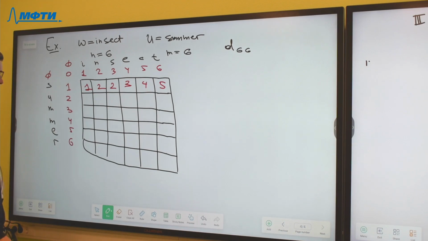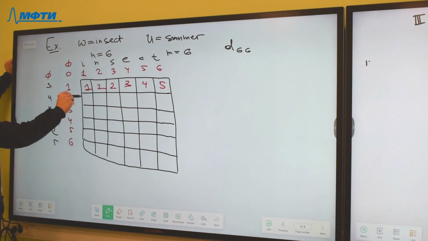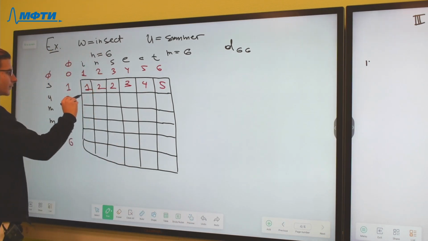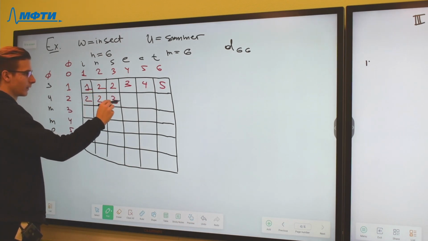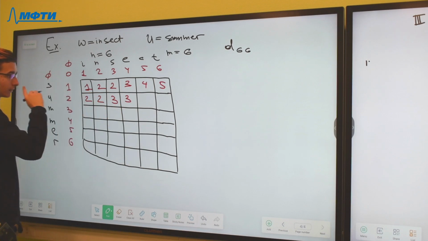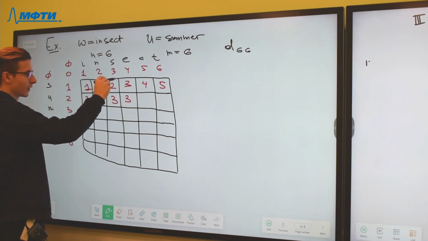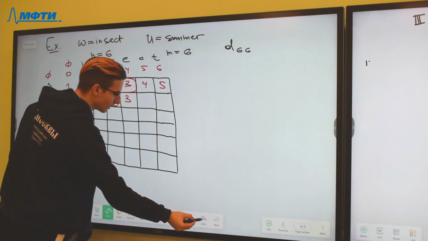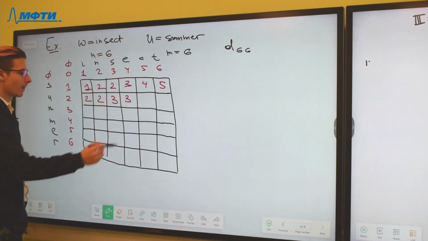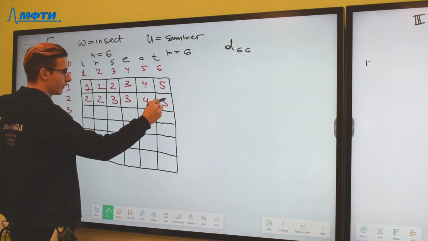So then to find the distance between this character and this, compare these characters, they are not equal. So I write here 2, 2, 3, 3, because I compare all of these characters, find the minimum and add 1, 4, 5.